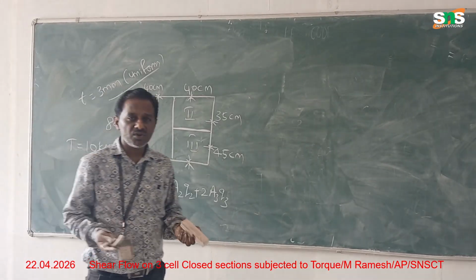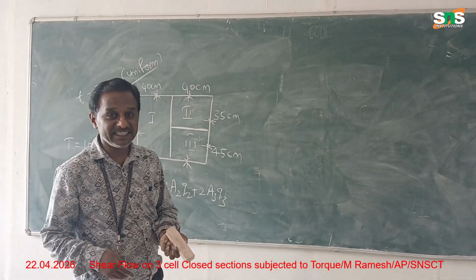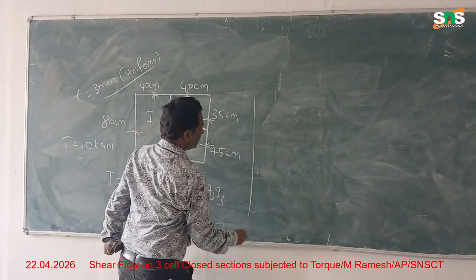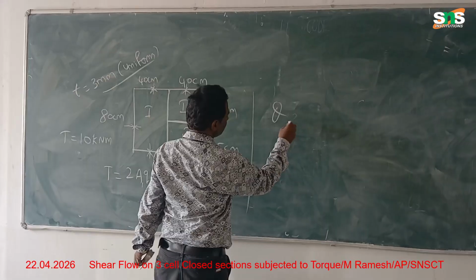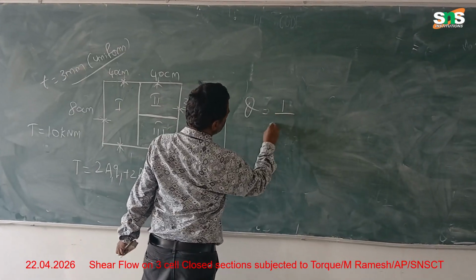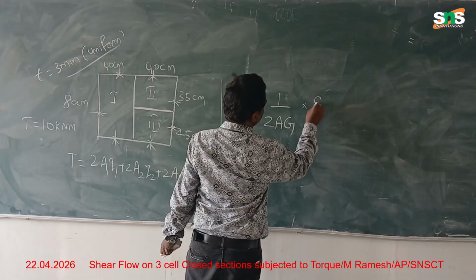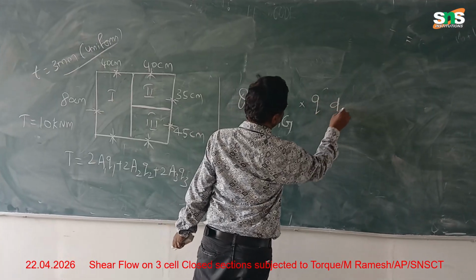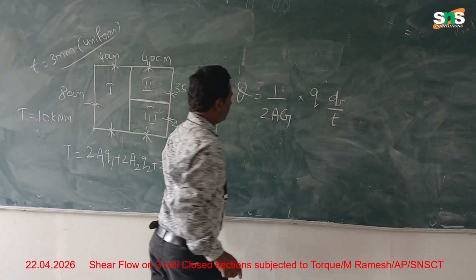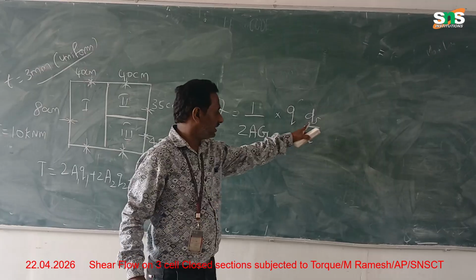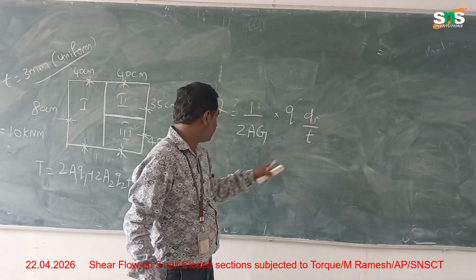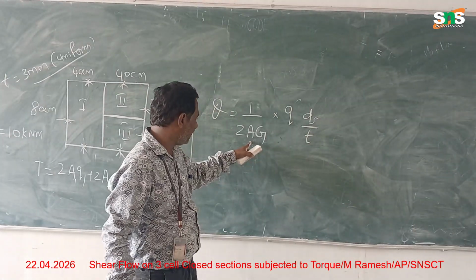We need to use the compatibility equation, as said earlier in the problem. That is theta equal to 1 by 2AG into the integral of Q ds by t, where Q is the shear flow, s the perimeter, t the thickness, G the shear modulus and A the area.